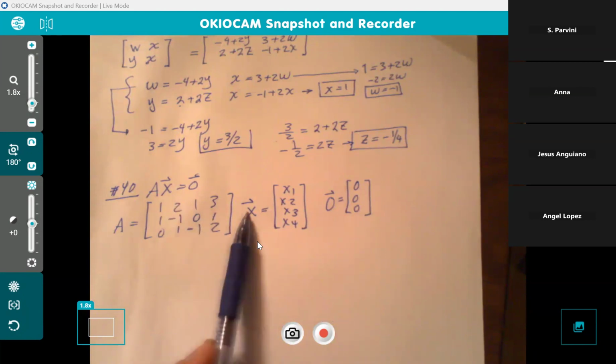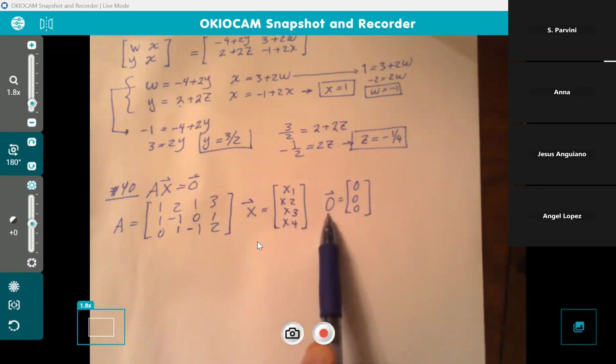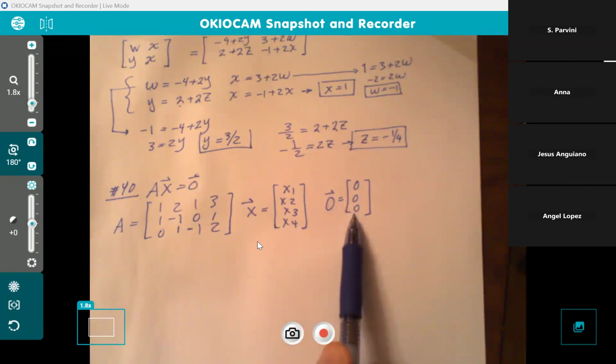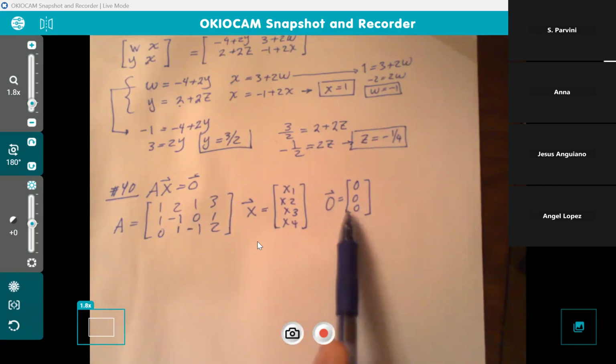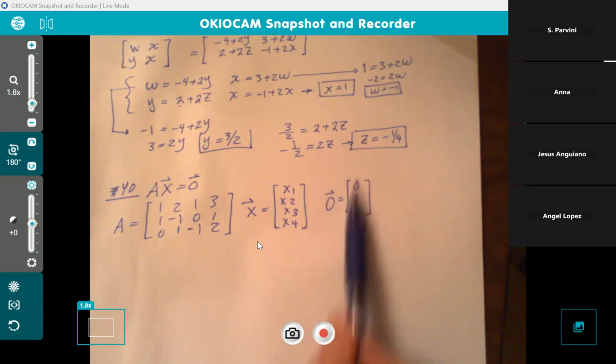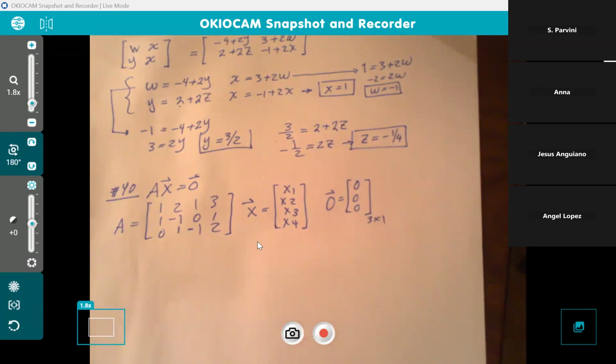So that's a vector. It's perfectly fine if he didn't use a vector. He just used capital X. Look at the 0 vector. This is a vector or a matrix. He chooses to call it a vector of 0. A 3 by 1 vector of zeros. Right? So that's what that is.